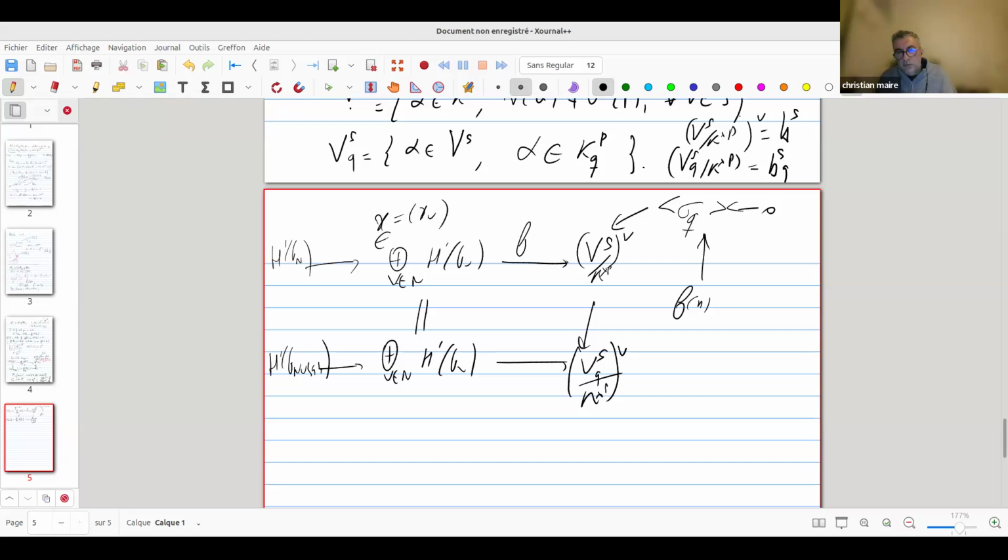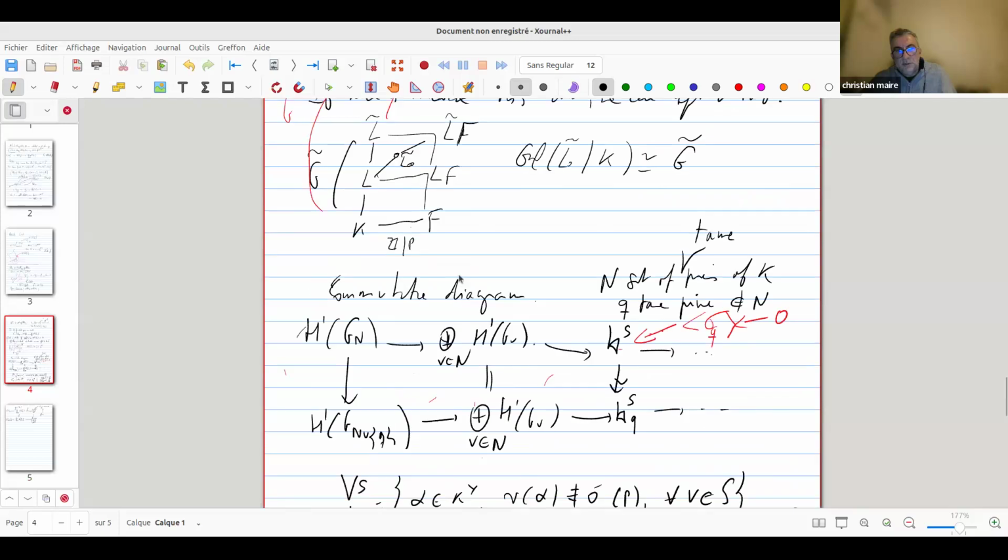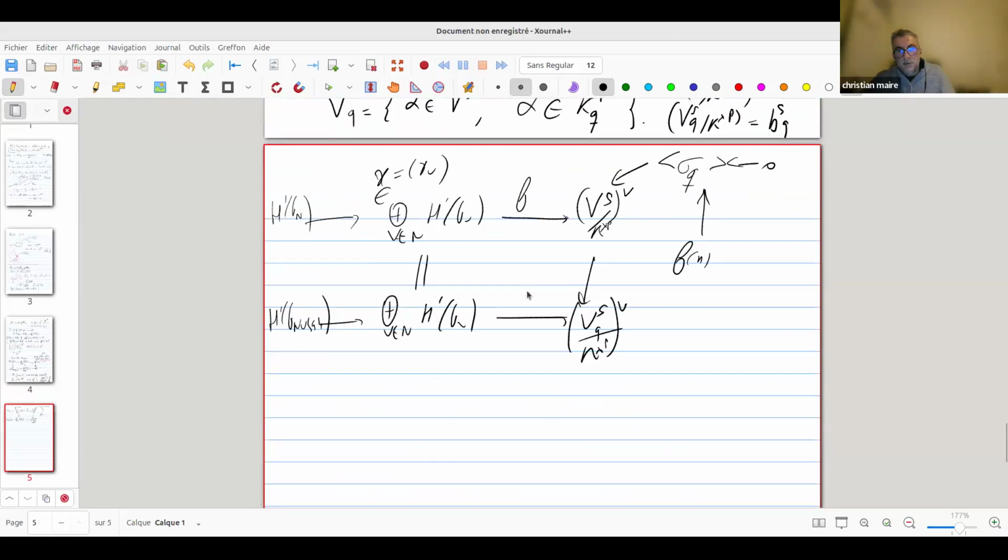So if you choose the Q such that the Frobenius at Q is exactly f of x, you win. It means that you have a new Z mod P extension, F over K, such that locally you have exactly what you want, meaning that you can lift your extension again. This is the goal. So in fact, this strategy solves the problem.